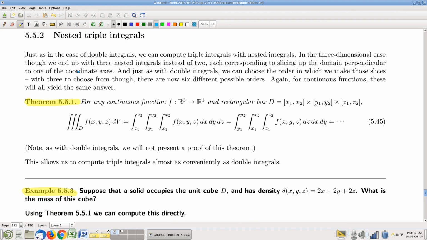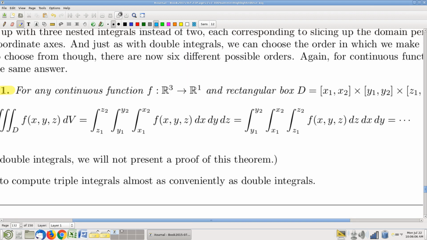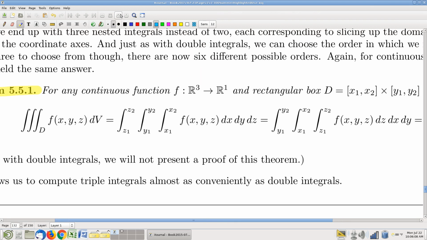Here we go. The satisfying punchline is that if you're doing a triple integral over some domain, you can just slice up in each of the directions one at a time, just like with double integrals. This time, of course, it's three-dimensional.